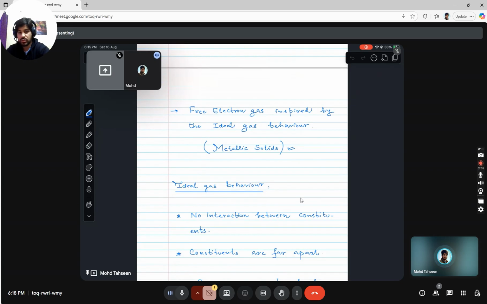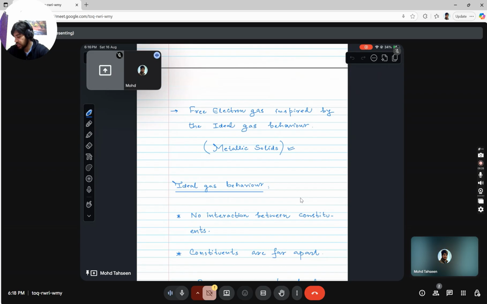We assume a similar kind of behavior for electrons as well, but there's an important distinction. The number of electrons in about 1 cubic meter of a metallic sample, for a univalent metal, comes out to be around 10^28 particles per cubic meter, whereas in an ideal gas the number is around 10^25 or 10^26 atoms per cubic meter of the gas.